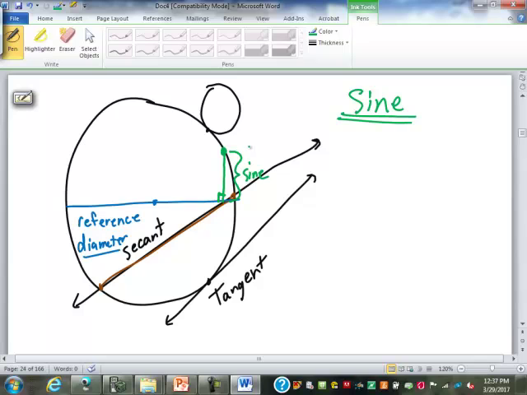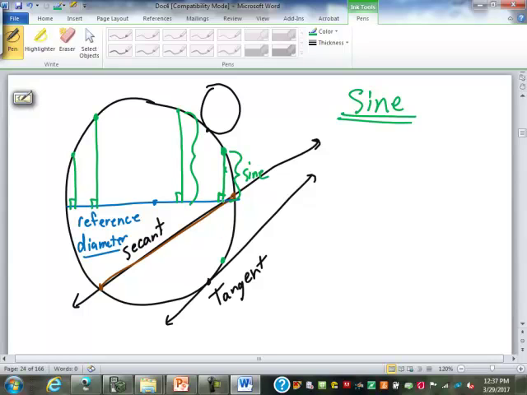That's not the only sine. Every point on the circle has a sine. This point here has a sine. That distance is going to be the sine of that point. That distance there is the sine of that point. There's another point over here that has the exact same sine as this one, because it's the same distance above the line.